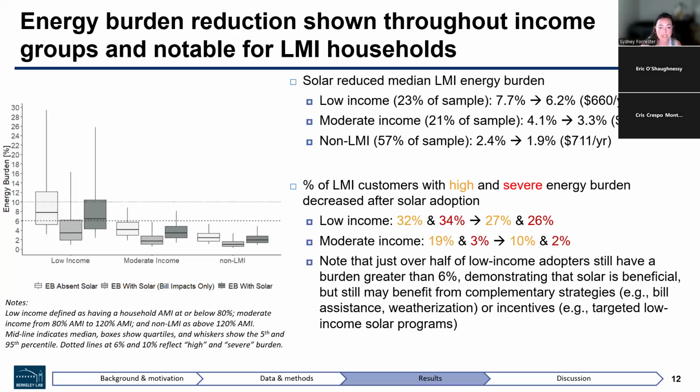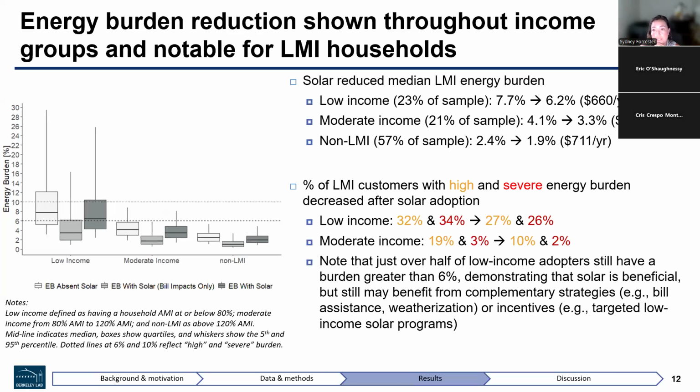And then what you can see here again is that on the far left of every grouping, that pale box is energy burden without solar. The far right box in every case is energy burden with solar. And that middle one is the bill impacts alone, so just the savings and none of the costs.